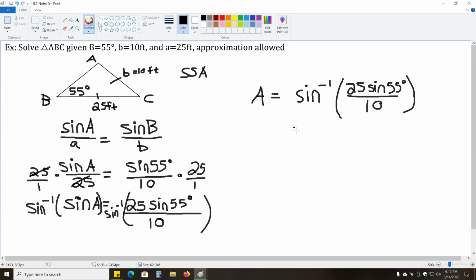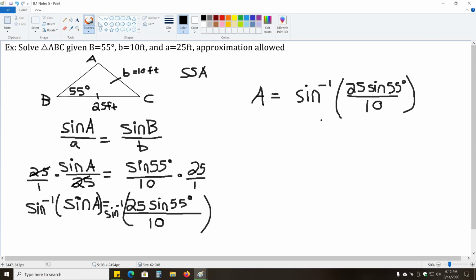And now if you were to plug that into your calculator, remembering to put your calculator in degree mode, you'll notice something odd happens. Your calculator is going to say something like undefined or error.